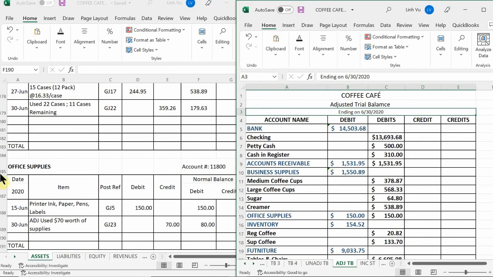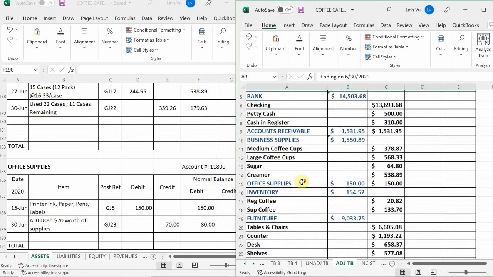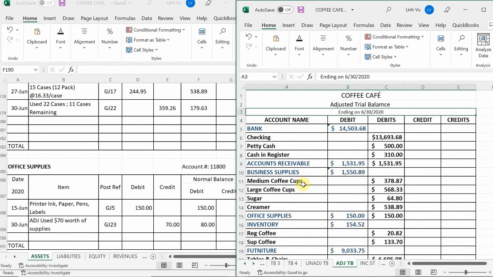Okay, so there you go. I have an exact copy of my unadjusted trial balance. And what I'm going to do is I'm going to make the adjustments that I need to make, right? And also insert the extra accounts that I've used for the adjustment.